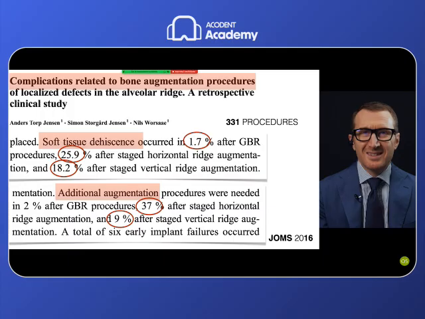So there is a negative effect on the patient side firstly, and on the office on the other side. So it's really important that these numbers are much lower than what is reported in the literature.